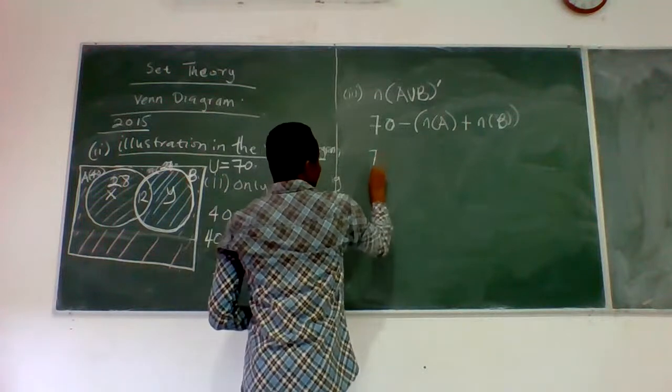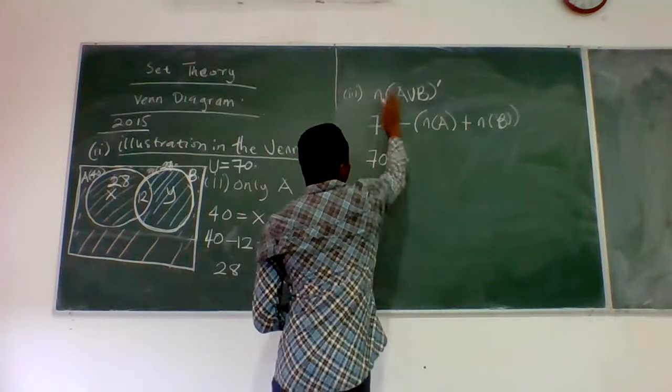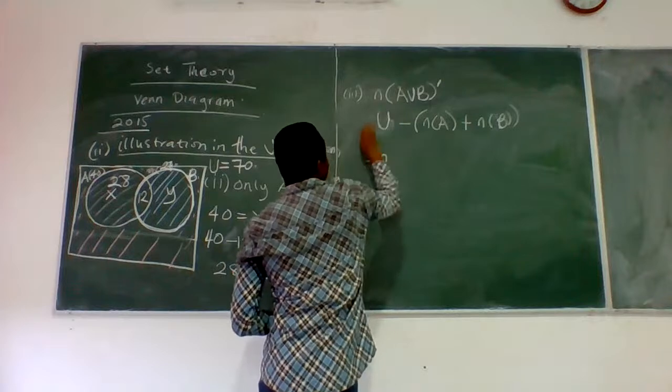So the next step is, we have 70 as our universal set.